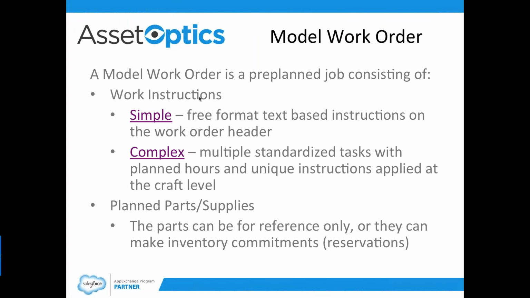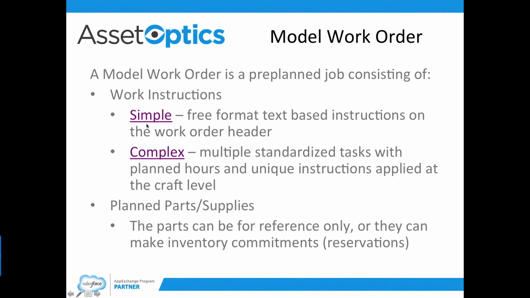For some of our customer base who has a smaller number of maintenance technicians, you can write those instructions as essentially free format text on the work order header, or you can make the work instructions a bit more complex with many standardized tasks and planned hours and unique instructions, all applied at different craft levels.